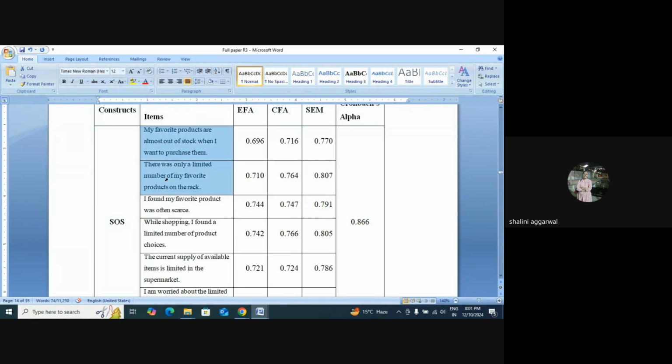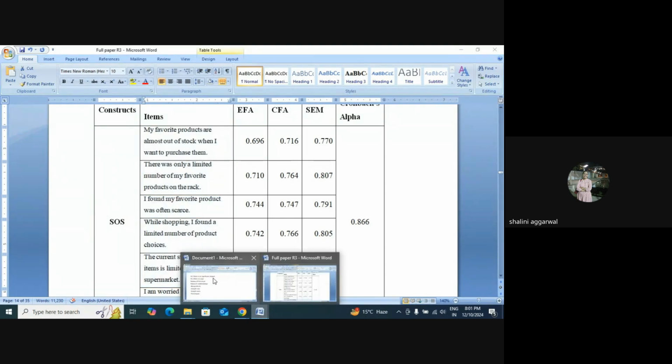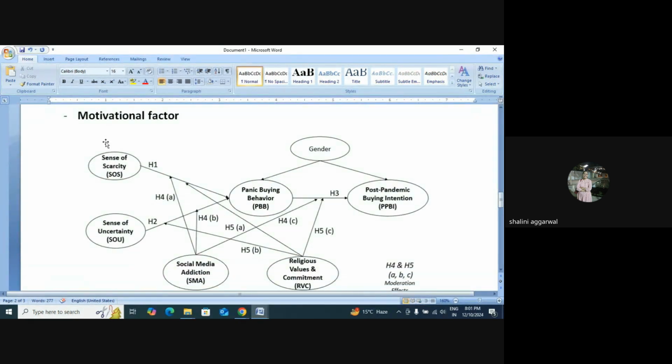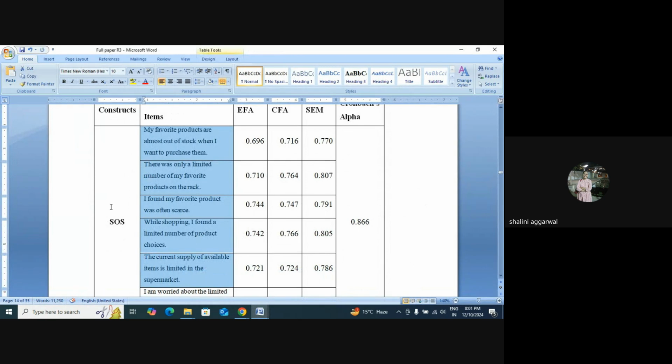So these are the statements for this variable called sense of scarcity. This is one variable of our model. Let me show you this. These variables that you are taking, they all have some statements. This sense of scarcity is a variable, and these are its statements which I had the respondents fill. This has been filled by the respondents, and on their responses I applied EFA, exploratory factor analysis, then confirmatory factor analysis, and then the same.